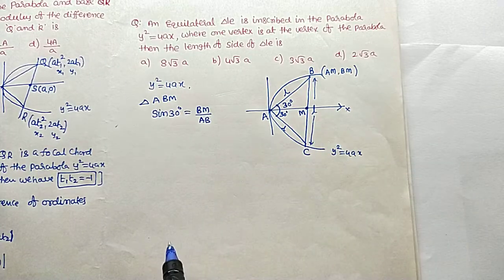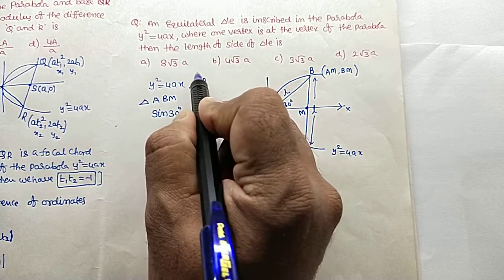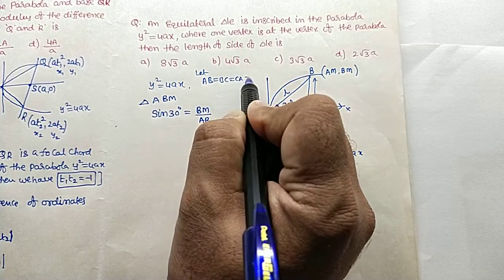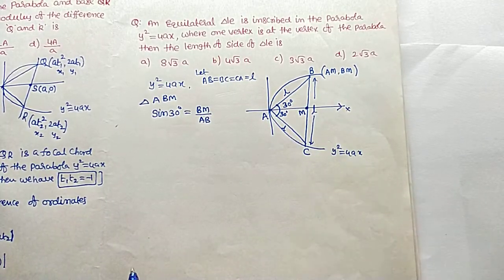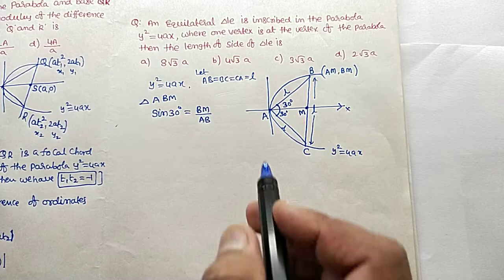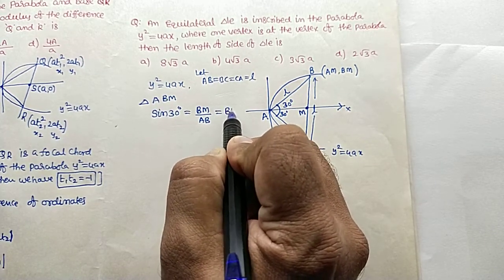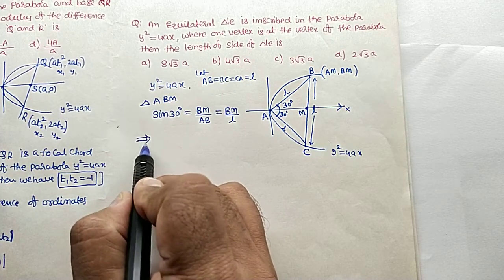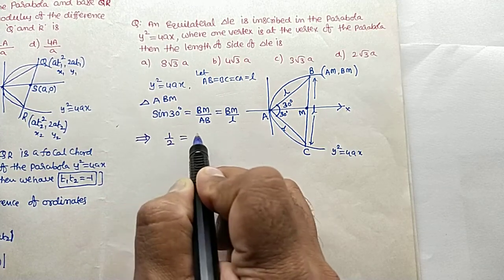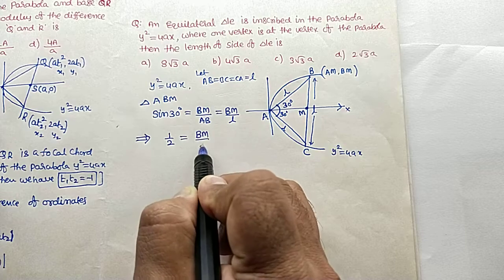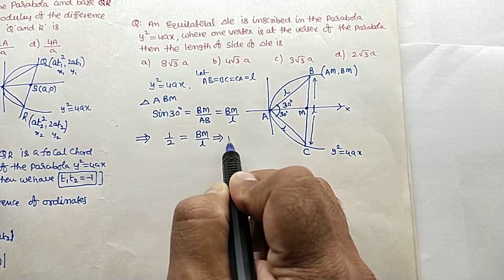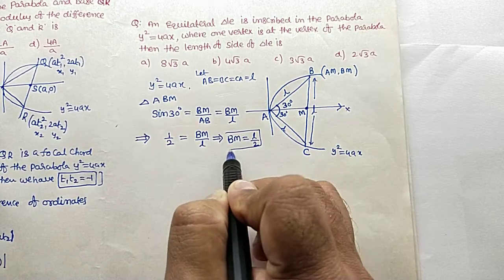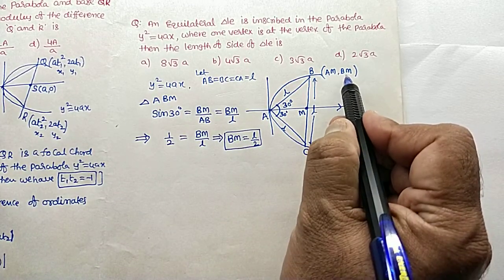We assumed here L: let AB equal BC equal CA equal L, because it is an equilateral triangle. So BM divided by AB, value L. What is sine 30? Sine 30 is 1 by 2. So 1 by 2 equals BM by L. From that, BM equals L by 2. We got this BM value.